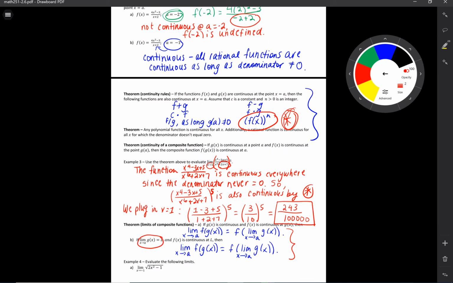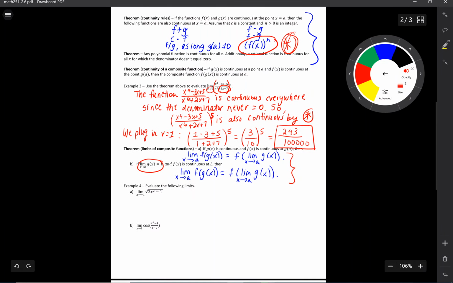So let's use this theorem to evaluate the following limits. My first one is the limit as x approaches -1 of the square root of 2x squared minus 1. Now, I know some of us have taken calculus before, so you might just be like, oh, we can just plug in -1. And we'll get there, but right now we don't know, technically, how to evaluate a square root function.